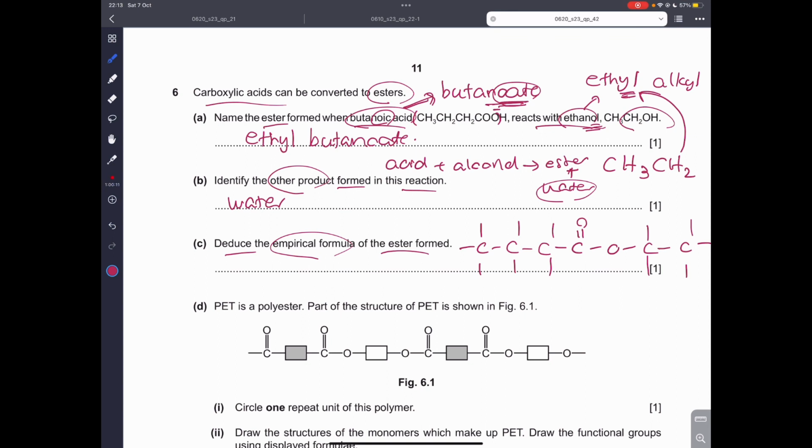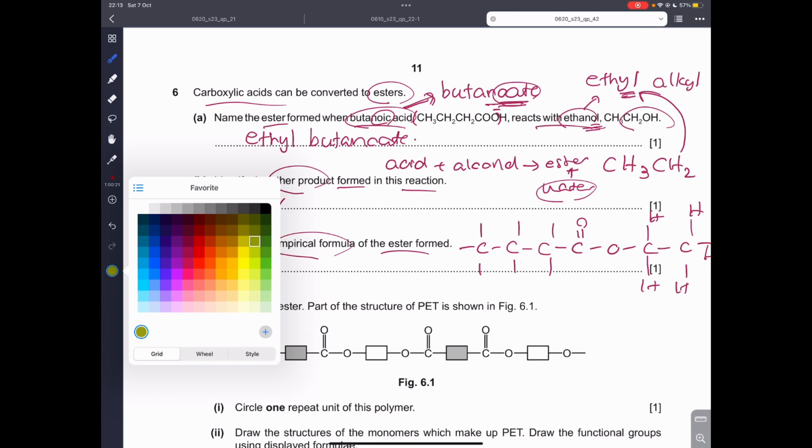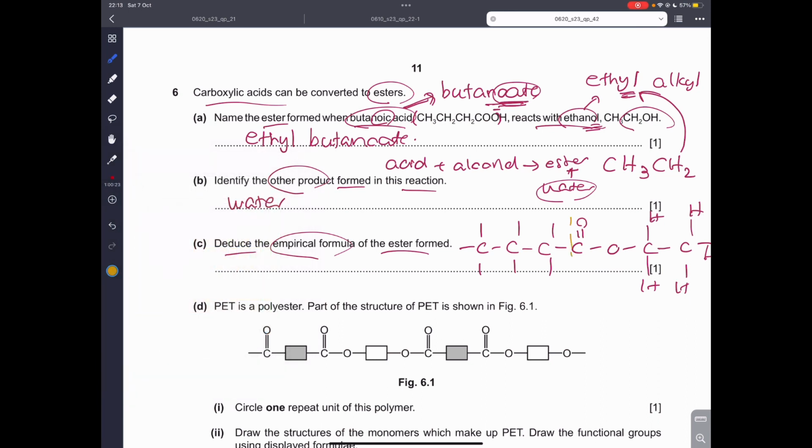I'm not going to write the H atoms here. But I just want you to notice that there is an ester linkage here. This is why it's called an ester. And this part right here is the carboxylic acid part. And this part right here is the alcohol part.